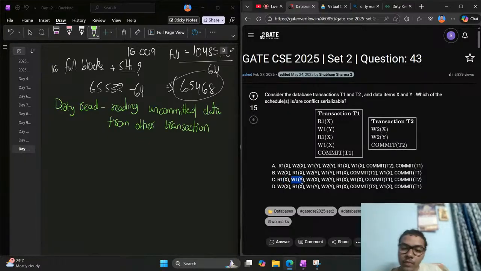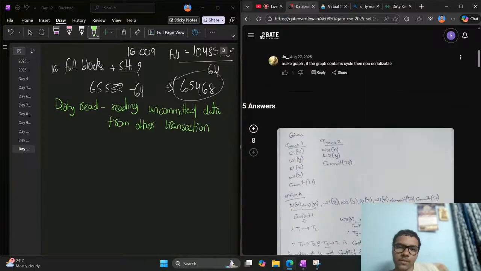You wrote 2y and there should not be R2x. Yeah, there is no R2x. And you wrote 2x and there should not be R1y. Yep, there is no R1y. W1x, okay. You wrote 2x and transaction 1 should not read x, so R1x. There is R1x here. So C is conflict serializable.